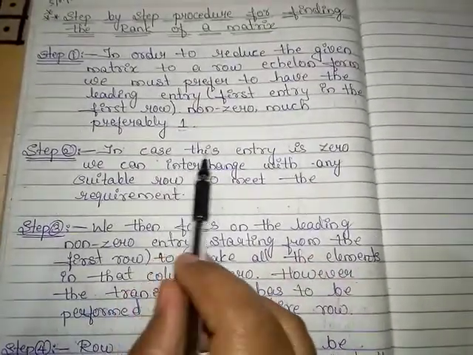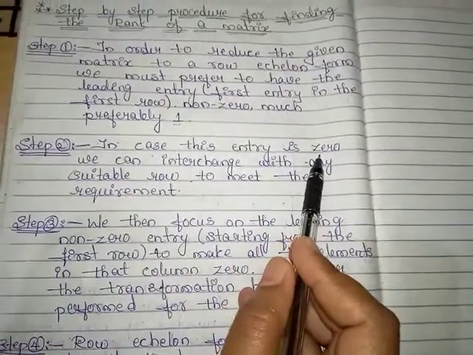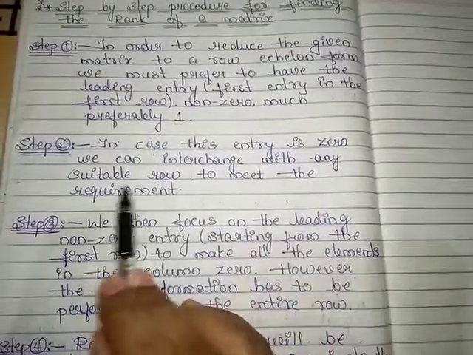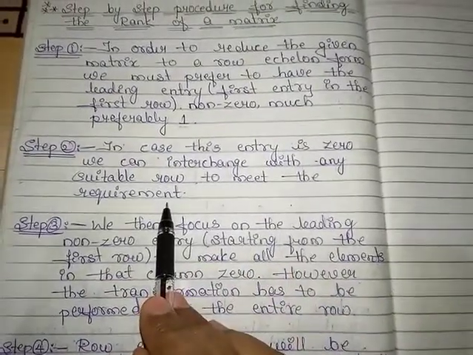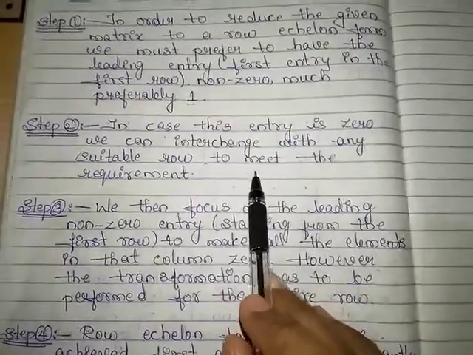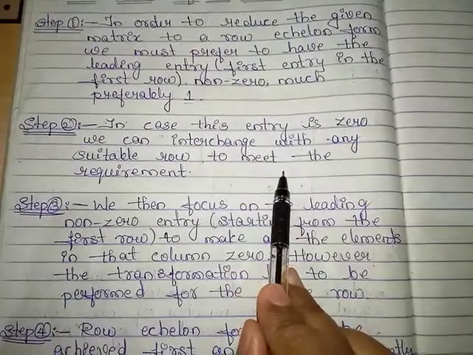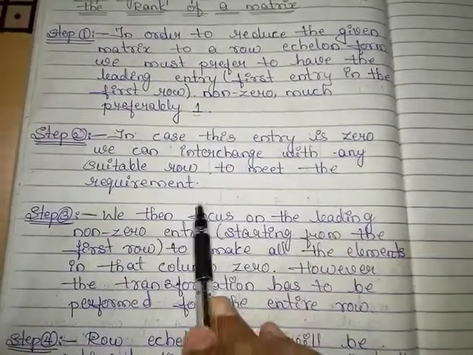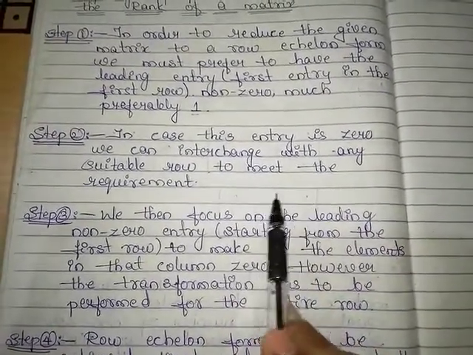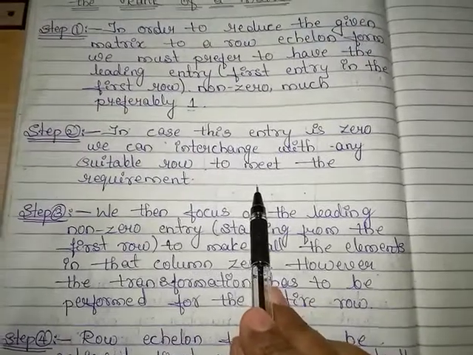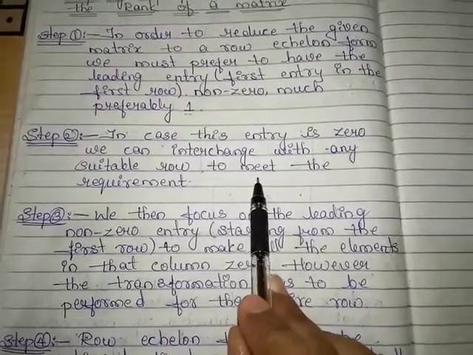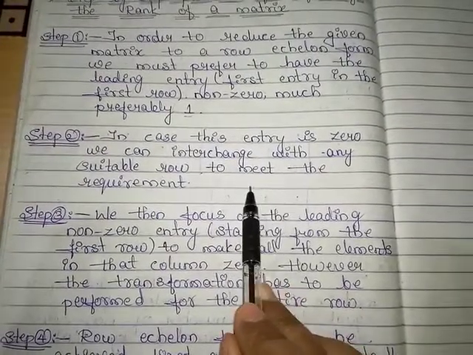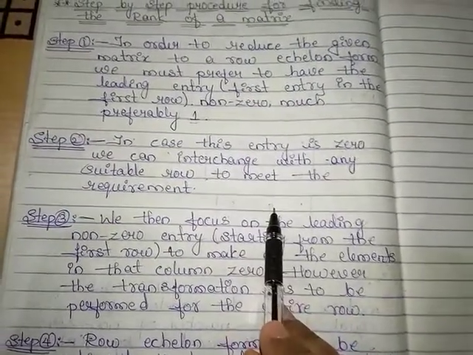Next, in case this entry is 0, meaning the first entry is 0, we can interchange with any suitable row to meet the requirements. For example, if the first row is non-zero, the next row is a zero row, and the third row is non-zero, then you have to interchange R2 and R3, because you get echelon form only when all zero rows are below the non-zero rows.